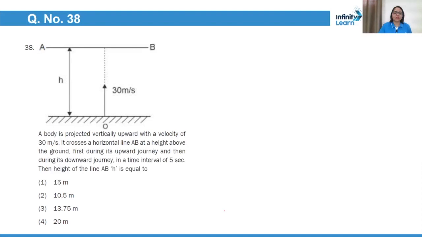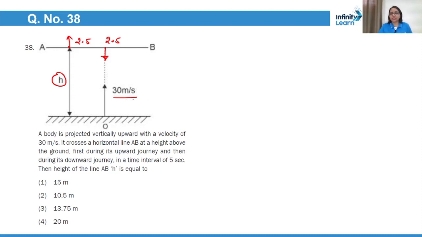Question number 38. A body is projected vertically upwards with a velocity of 30 meter per second. It crosses a horizontal line AB at a height h above the ground, first during its upward journey and another time during its downward journey in a time interval of 5 seconds. That means it will take 2.5 seconds for upward and 2.5 seconds for downward for AB level. Then height h of the line AB is equal to.